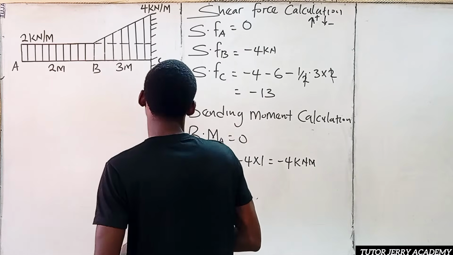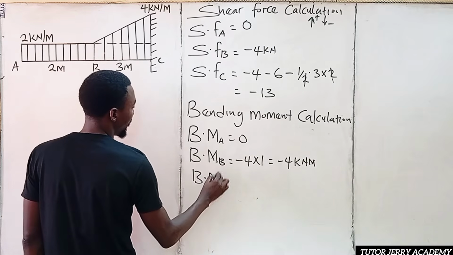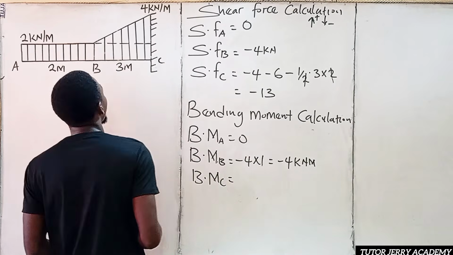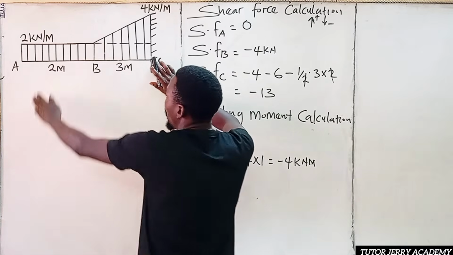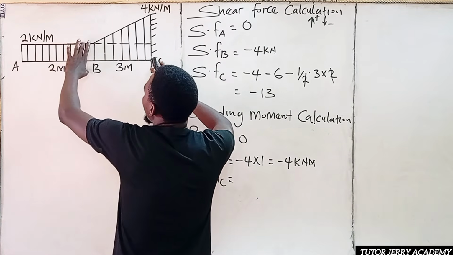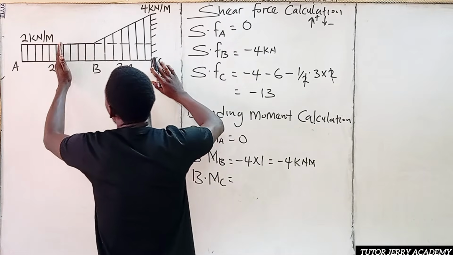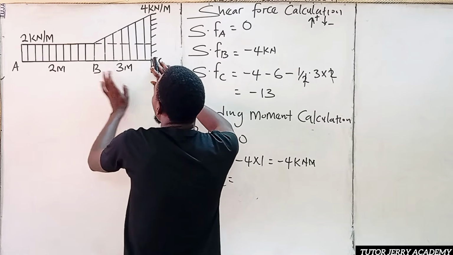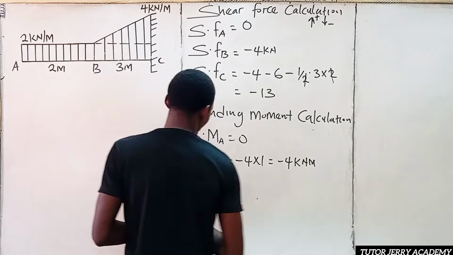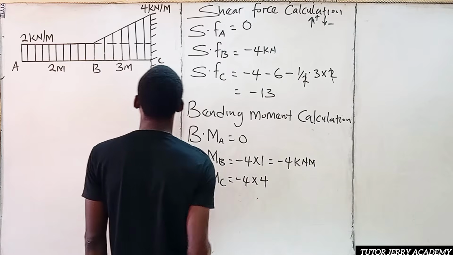Now we start at point C. The bending moment at point C: if you convert this to a uniform distributed point load, I'm going to have -4, and -4 is going to act at 1 meter to point B. So the total distance is 1 plus 3, which is 4. So we are going to have -4 multiplied by 4.